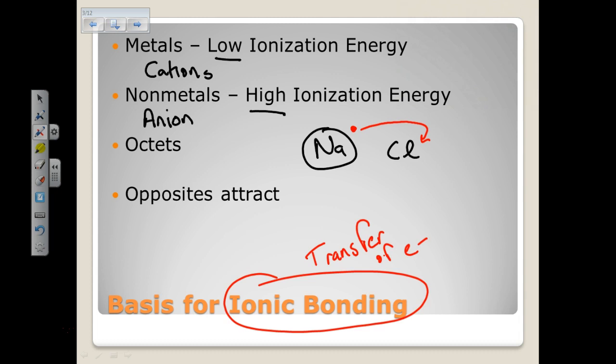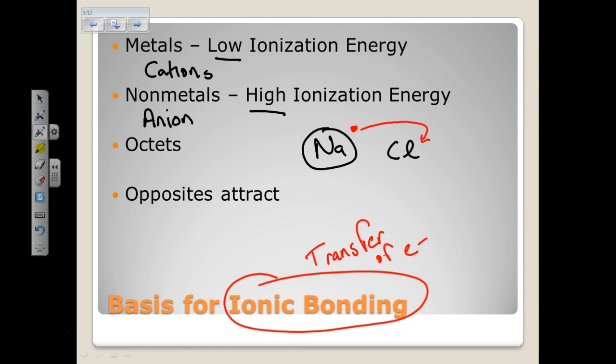That creates octets. Sodium has one valence electron, and by losing it, it now has a stable octet. It goes back to the same electron configuration as neon.